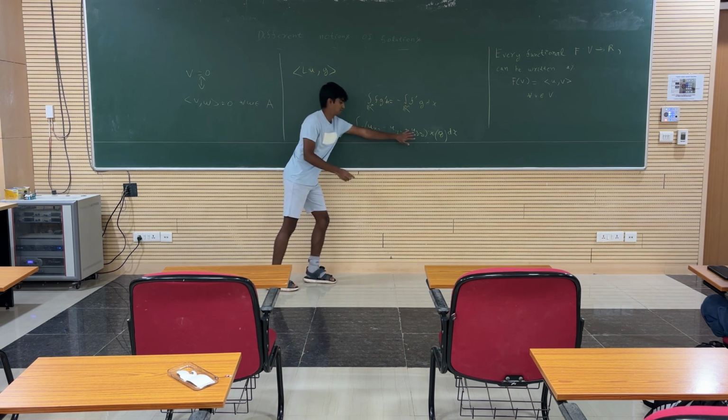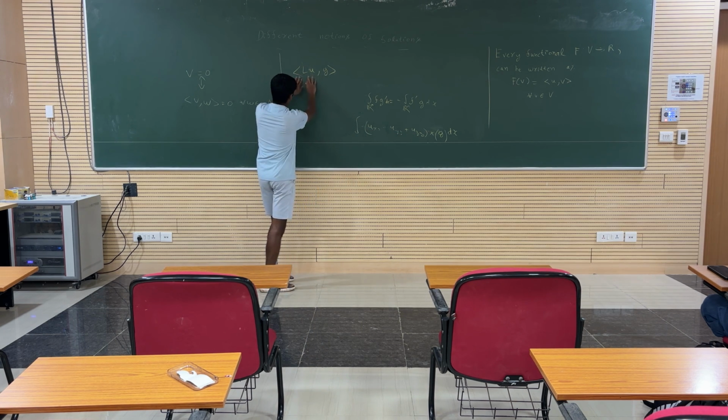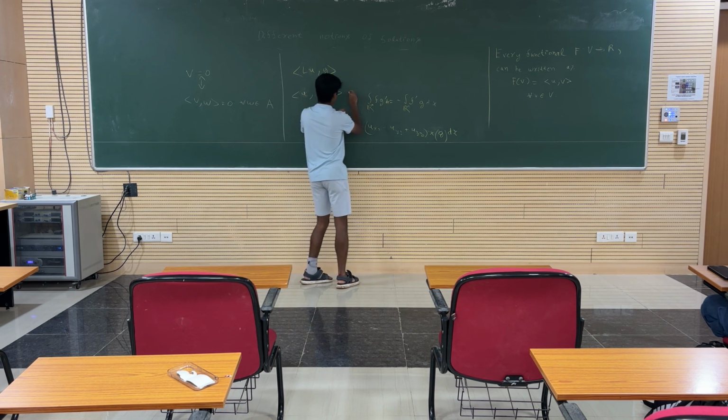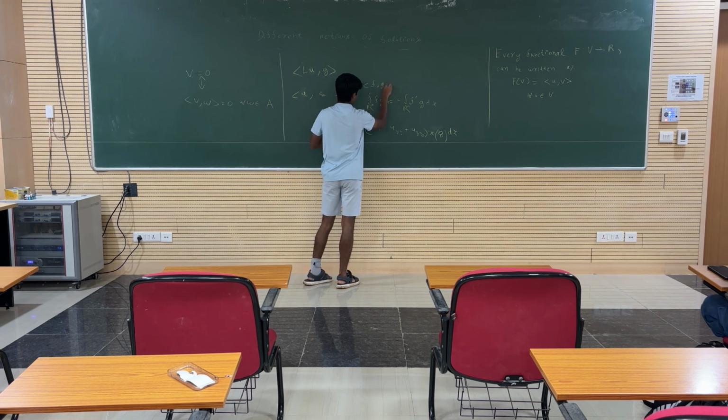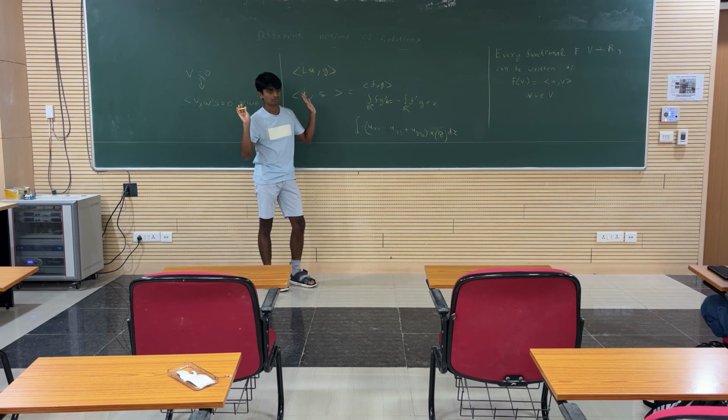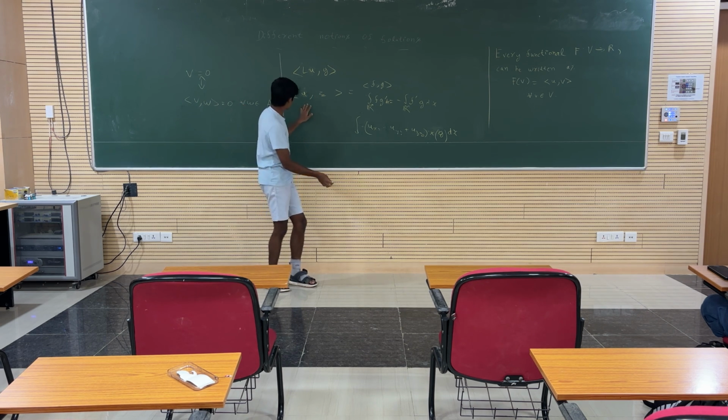I'll shift all the derivatives to g and define the functional as u, something something inner product. And because this is f, this has to be equal to f times g for all g. If it's true, then I'll call it a weak solution. So finding a solution f means that it's true for every g.